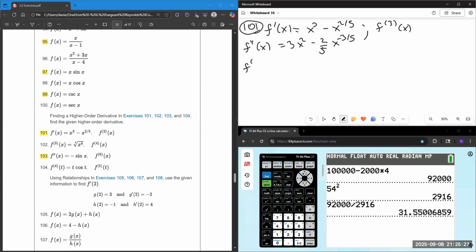And then the third derivative is going to be 6x plus 6/25 x to the negative 8/5. We could also write that as 6x plus 6/25 over x to the 8/5 if we want to eliminate that negative exponent.